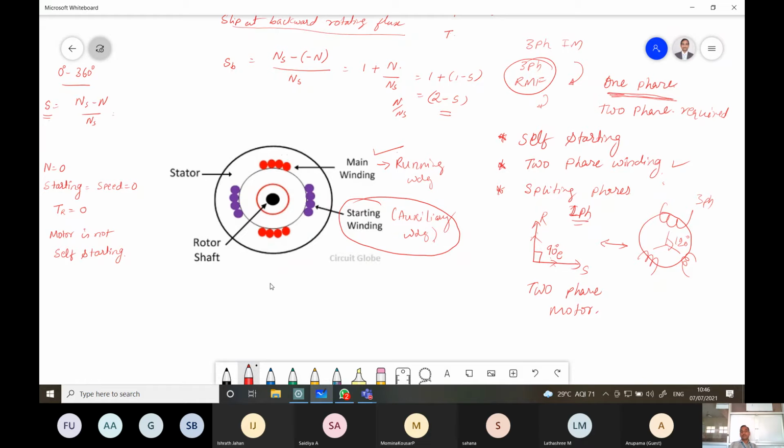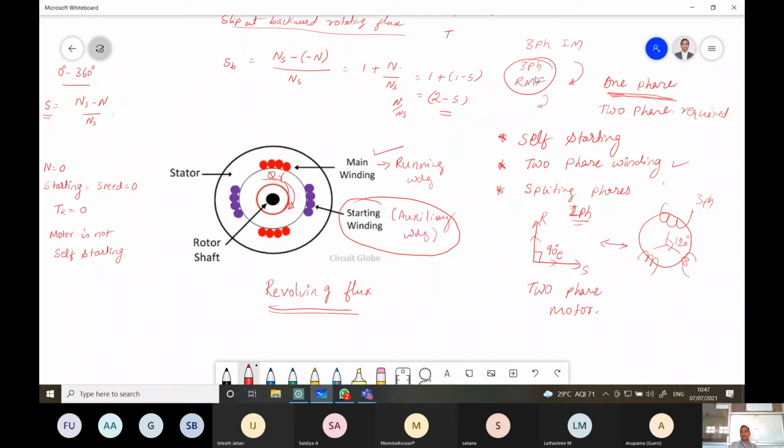For rotation, what do we require? Revolving flux. The flux has to rotate between the stator and rotor initially. That is the resultant flux, called the revolving flux.